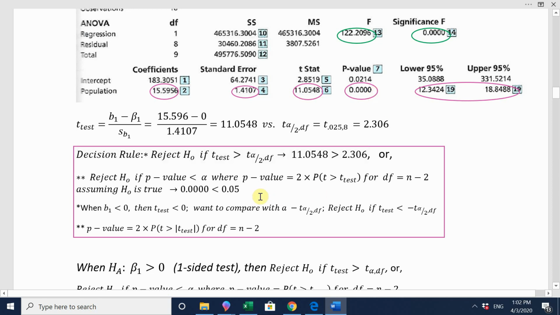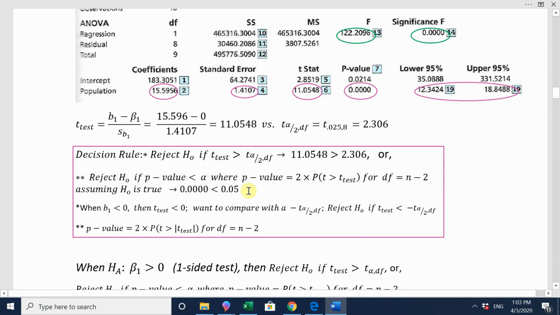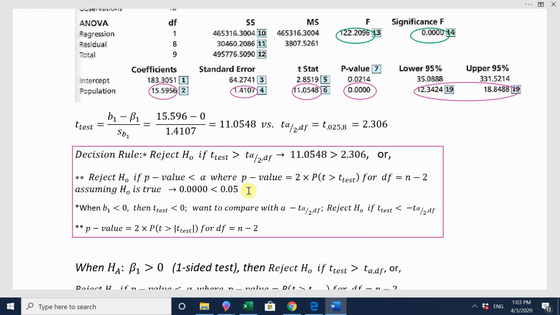And so the rule is, if your p-value is less than the level of significance specified at the beginning, then you can reject the null hypothesis, and such is the case over here. Just a reminder that when you use either the critical value rule or the p-value rule to make a decision in your hypothesis testing, you must always get the same conclusion.